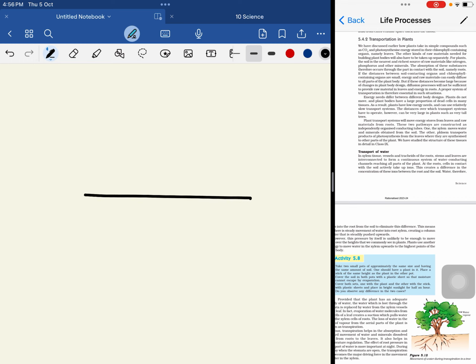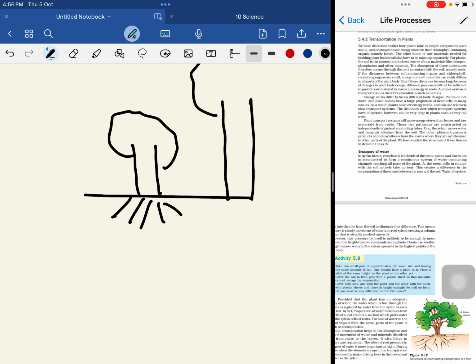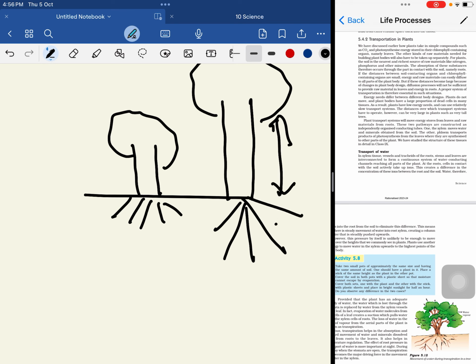There are two types of trees, as you know. One is a short tree with short leaves; its roots are very near to the whole plant. Some trees are very long, with long leaves, and the roots are at a larger distance.